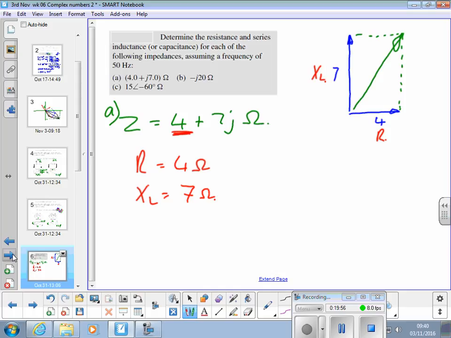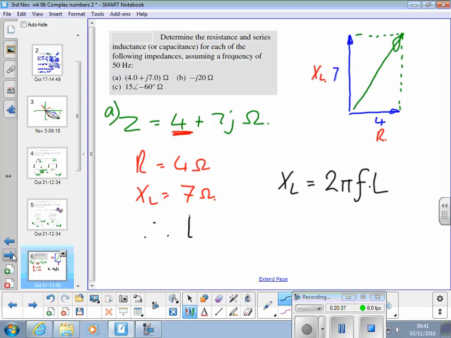It's been given because the value of XL is frequency dependent. I'm going to write separately over here, XL is equal to 2 pi f L.